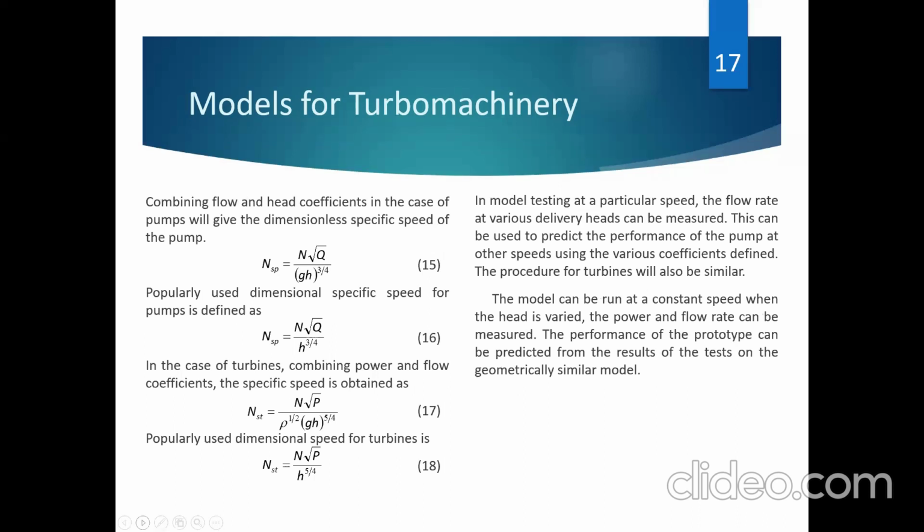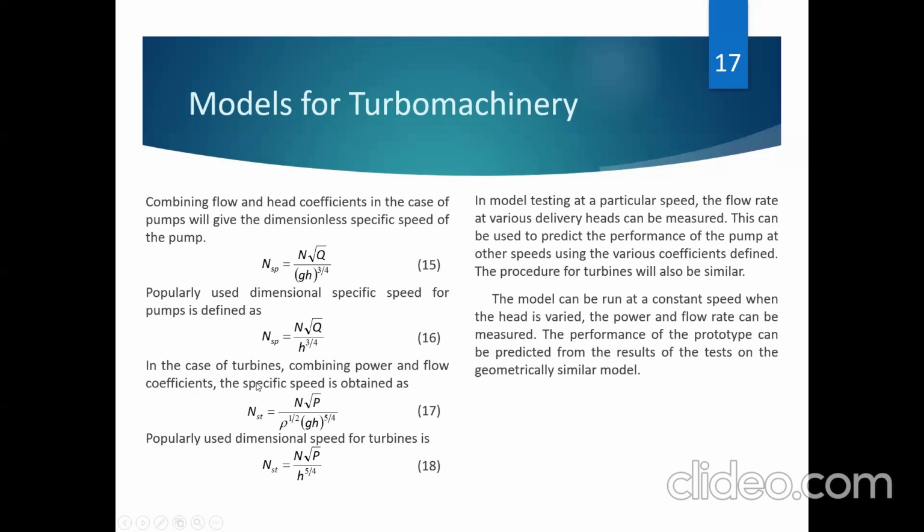This is dimensionless, as long as the units are consistent. Commonly, the g is dropped, and that makes it dimensional. The popularly used dimensional specific speed for a pump is defined as N_sp is equal to N square root of Q over H to the exponent 3/4. Whatever units come out there is its dimension.